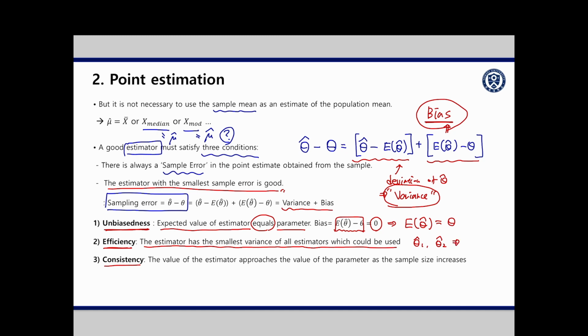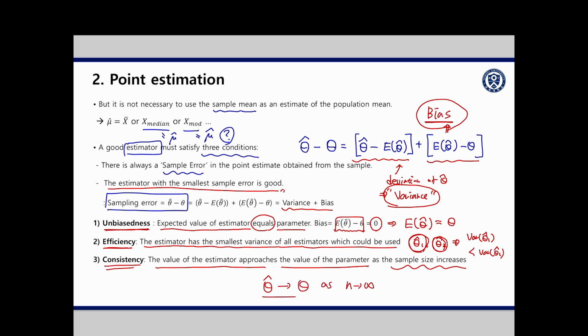If the variance of theta hat 1 is less than the variance of theta hat 2, we can say that theta hat 1 is more efficient than theta hat 2. Consistency means the value of the estimator approaches the value of the parameter as the sample size increases.